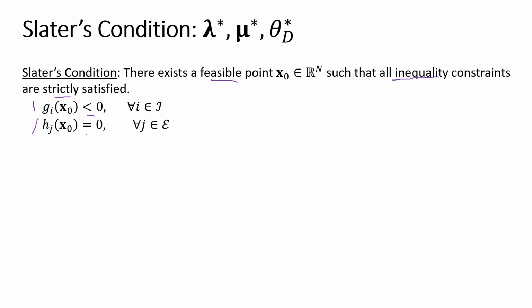Another way of looking at this is that the g_i are inactive constraints at x0. Now, we know that the equality constraints are always treated as active constraints. So they can never be strictly satisfied, but they are satisfied.